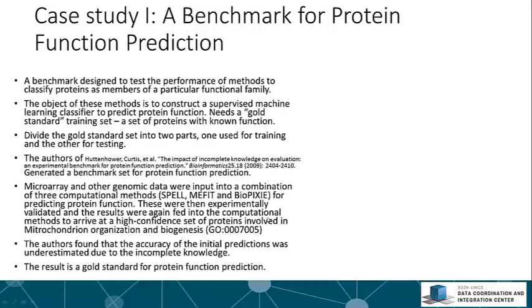As I mentioned earlier, in bioinformatics there's a very wide range of biological questions for which algorithms and tools have been designed, and each of these biological questions needs its own benchmark. Here I'm going to narrow down the scope.